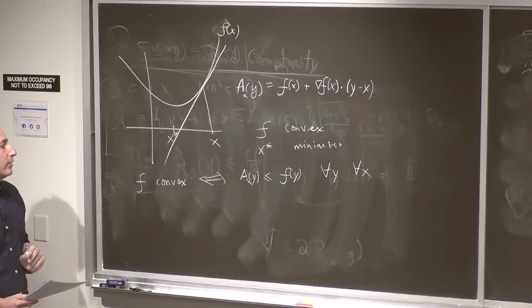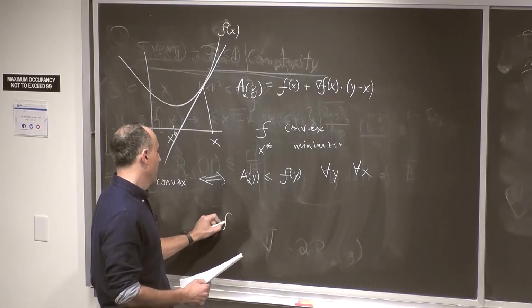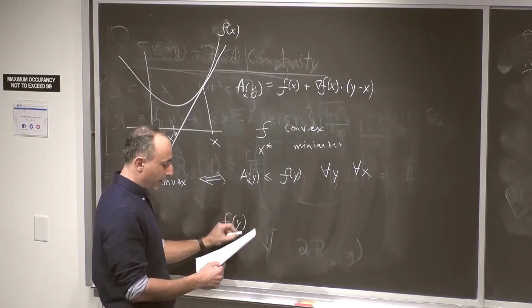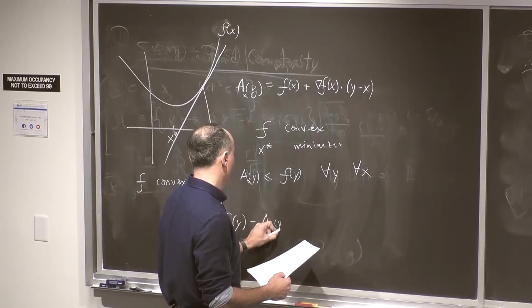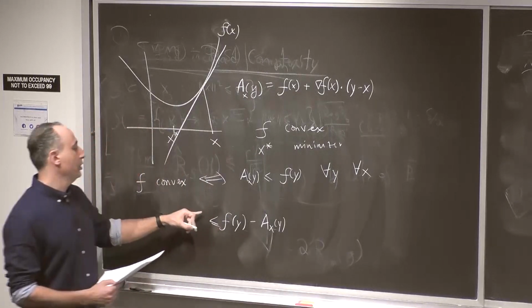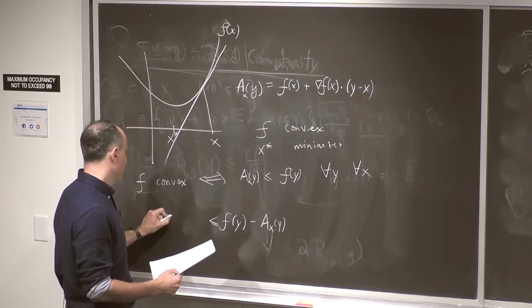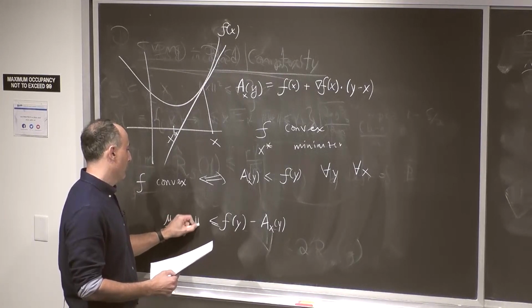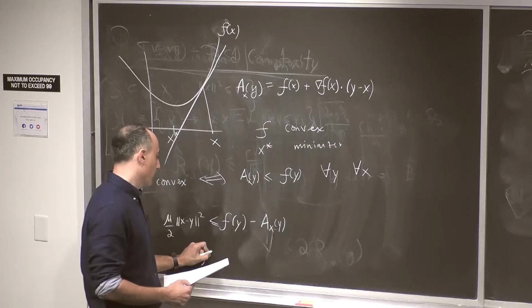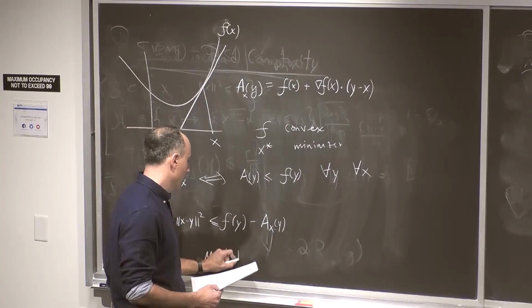And really, let's look at this difference. If you can push it even further and say that there's a little quadratic gap there, then that's the definition, for all x and for all y, of mu strongly convex.